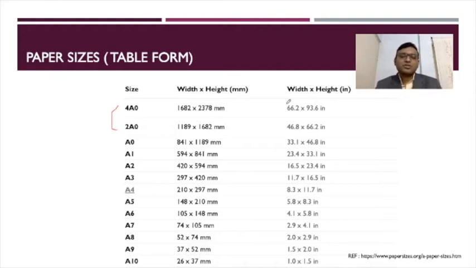So it's always better for people who are dealing in paper to have both measurements in hand when dealing with a set of customers. As you can go on seeing in this slide, until A10 the size goes on reducing, and this is what has been represented in diagram form in the earlier slide.